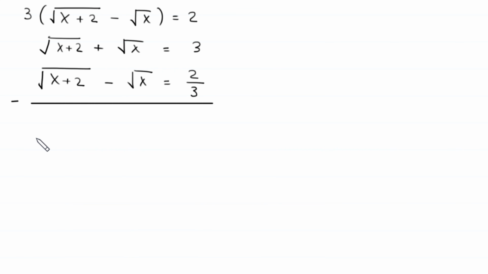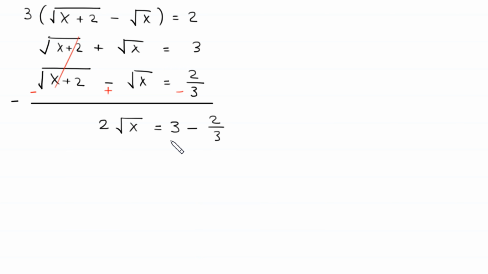Since we are subtracting, this positive sign will become negative, this negative will become positive, and this positive will become negative. This gets cancelled, and 1 time root x plus 1 time root x will become 2 times root x is equal to, at right hand side we are left with this 3 minus this 2 over 3.